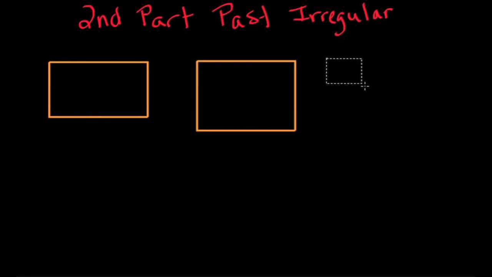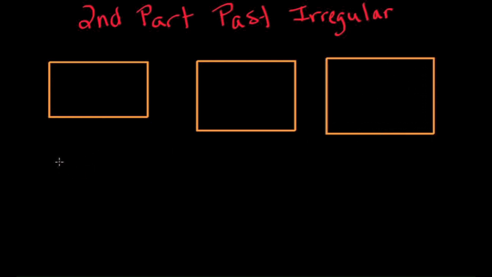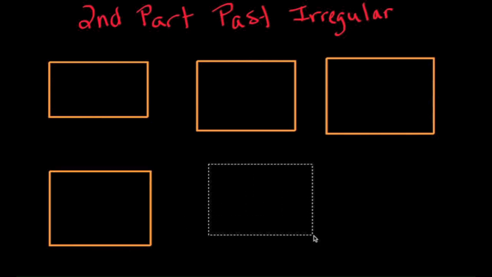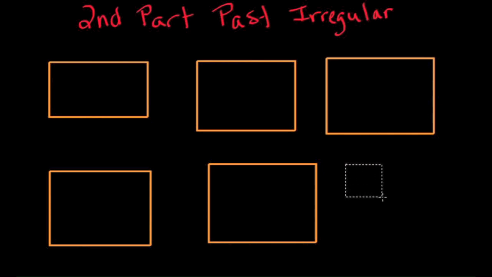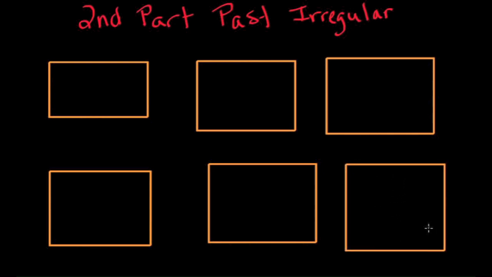So here I'm drawing the boxes for our next 6 categories of our past irregular. The idea is that after you learn these 6 categories, then it's much easier to remember the past irregular verbs. So once you learn these, it becomes much easier to remember.